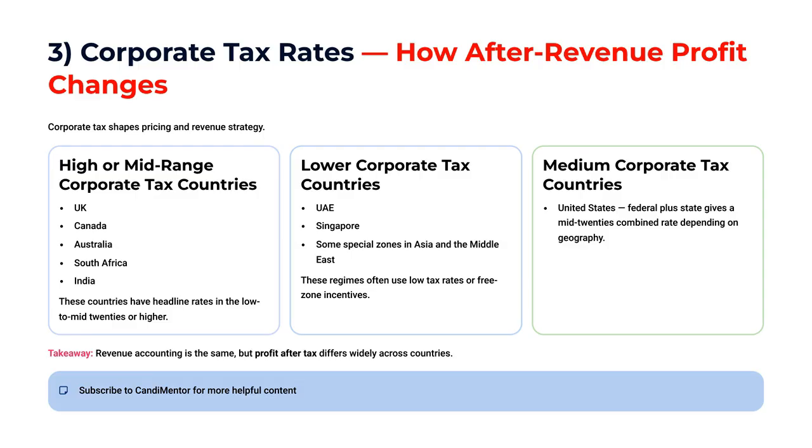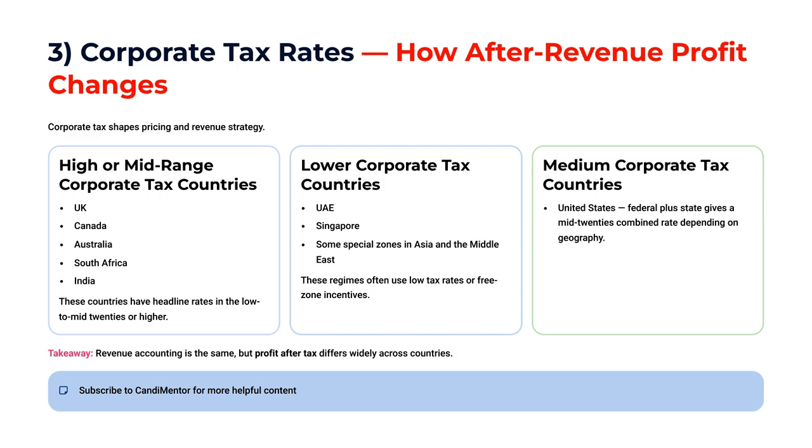These regimes often use low tax rates or free zone incentives. Medium corporate tax countries: United States. Federal plus state gives a mid-20s combined rate depending on geography. Takeaway: revenue accounting is the same, but profit after tax differs widely across countries.